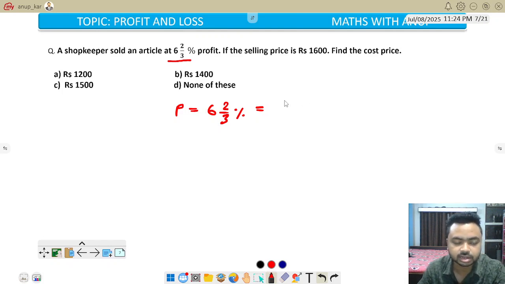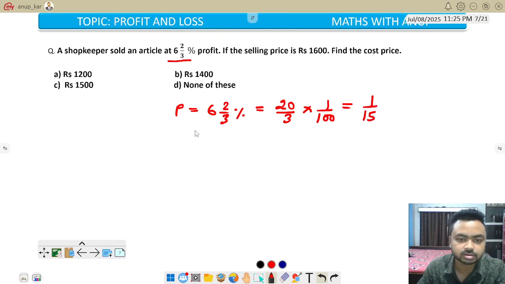We will get it as 20 by 3 into 1 by 100. If you convert the percentage to 1 by 100, we will get it to be 1 by 15. Okay, now here this 1 represents profit and this 15 represents cost price.